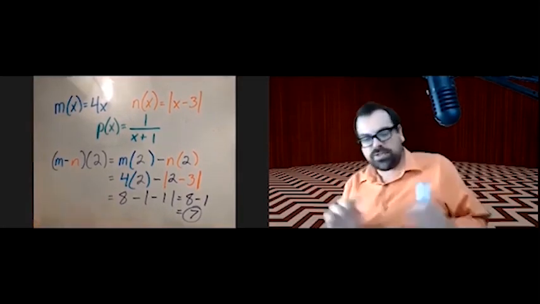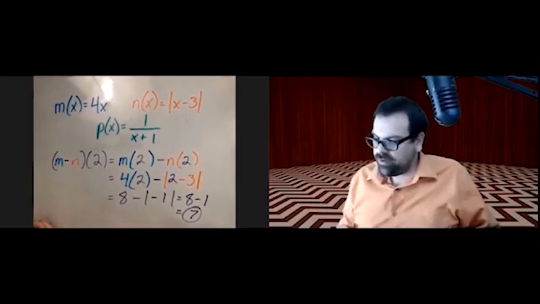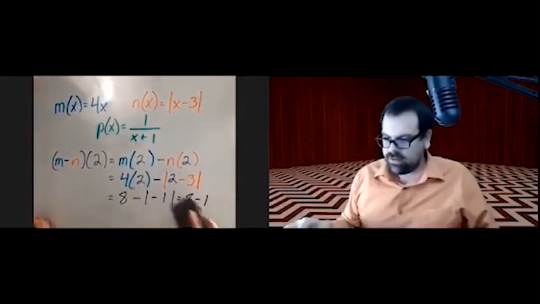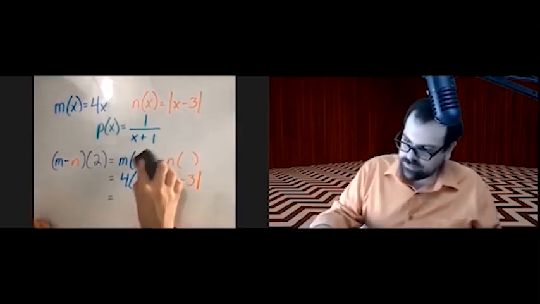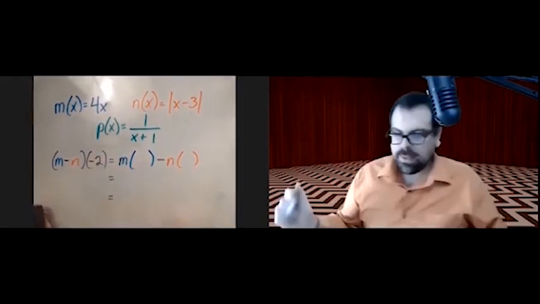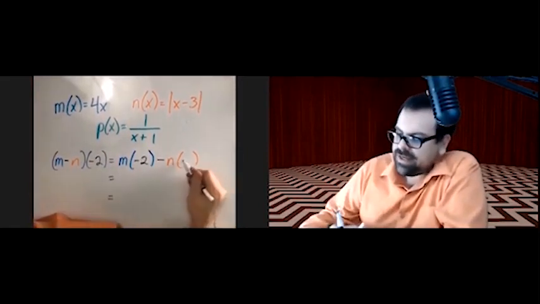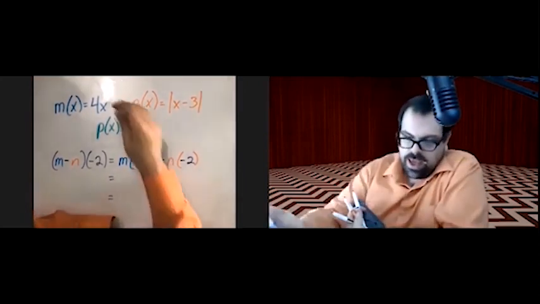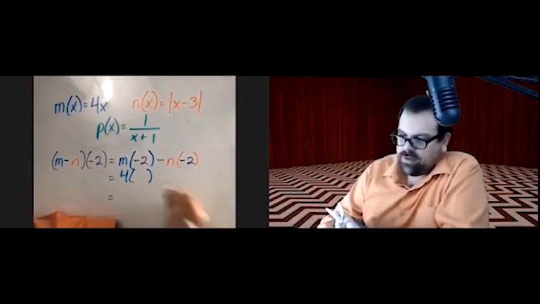Next, let's do the same thing, m minus n, but instead of positive 2, let's find m minus n of negative 2. So that's m of negative 2 minus n of negative 2. M would be 4 times the thing, and the thing's negative 2.